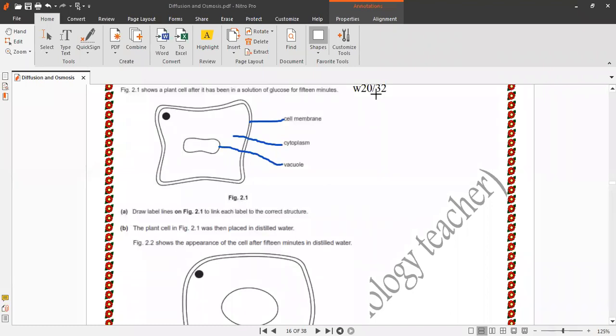The plant cell in figure 2.1 was then placed in distilled water. Figure 2.2 shows the appearance of the cell after 15 minutes in distilled water. Can you scroll? Okay, wait.